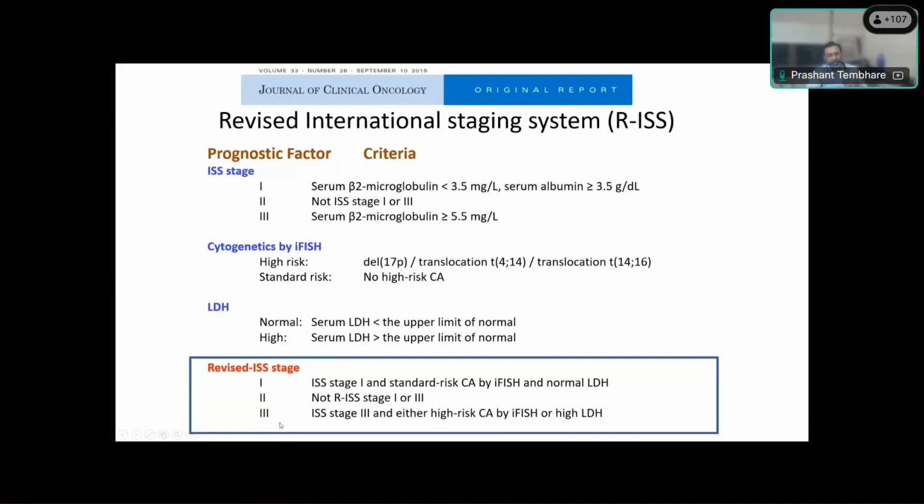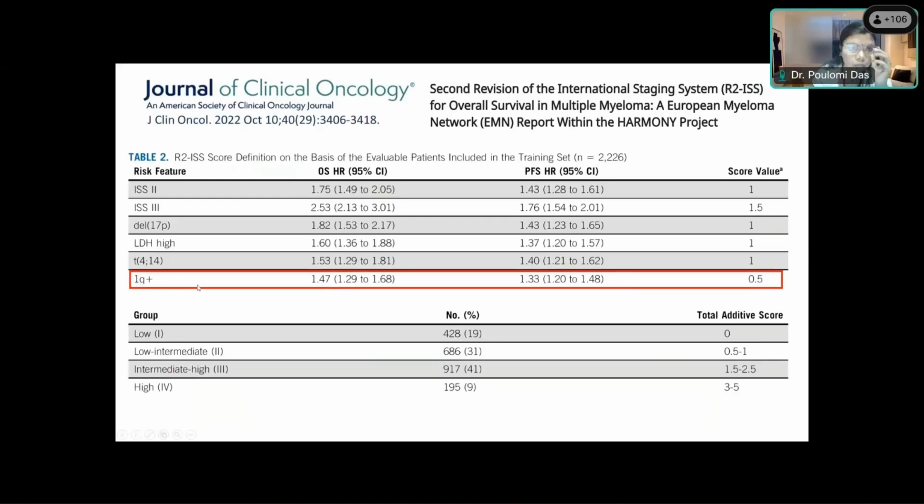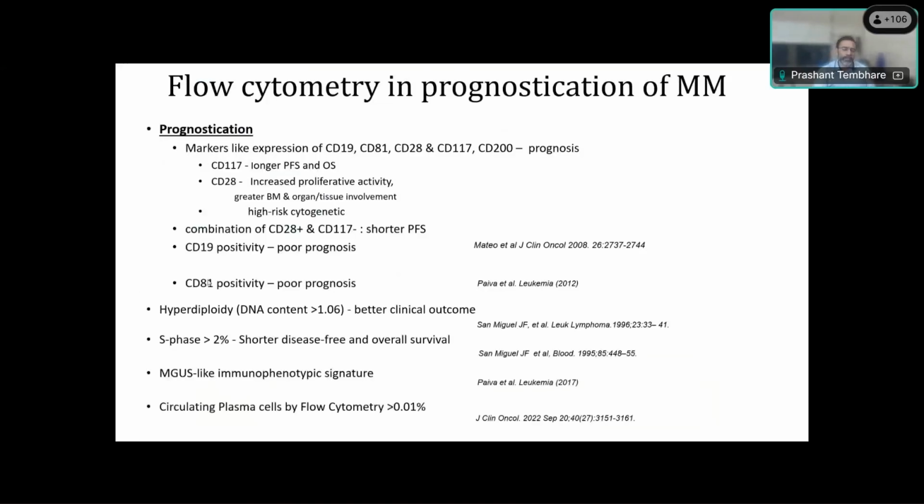Anything which doesn't fit into stage 1 and 3 is revised ISS stage 2. This was the data based on which they came up with this risk stratification system. And 1q gain, as I mentioned, is added to the high-risk cytogenetics.